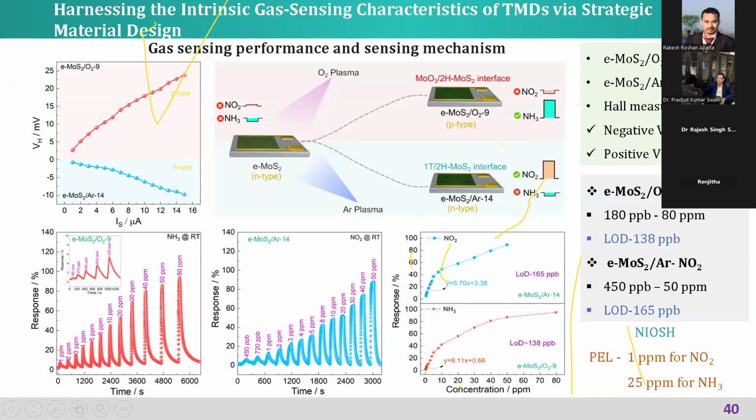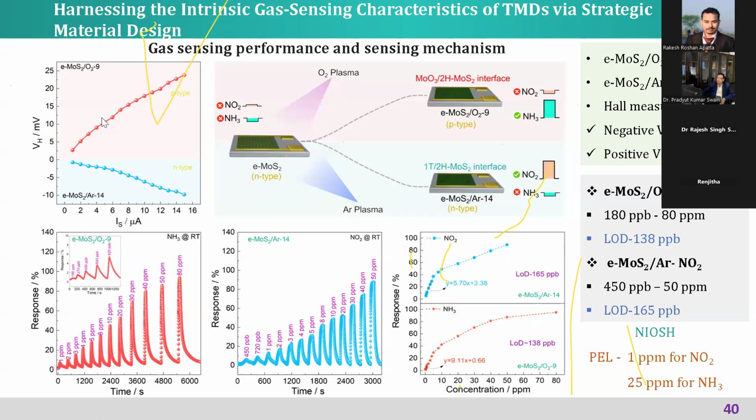This is the important thing. By just changing the plasma, we can tune these interfaces and make this material respond to different types of gases. Similarly, we do different gas response studies and different concentration studies, and find out the limit of detection and other things.